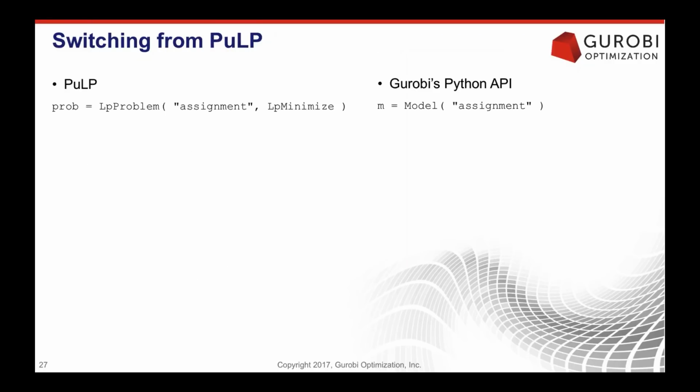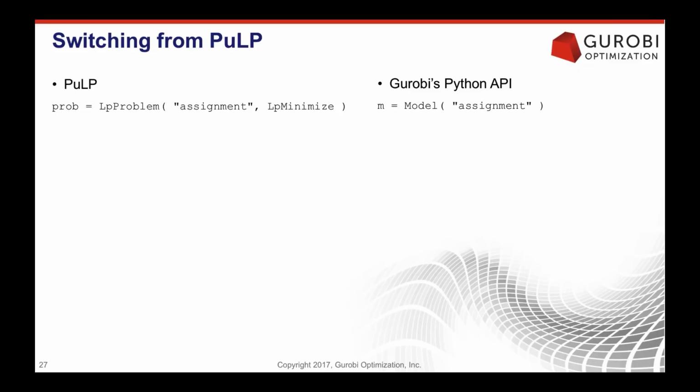On this slide, I would like to show how it would look if you are switching from PuLP to Gurobi. So if you really not just consider still being in PuLP and then using a different solver, but switching from using PuLP to model your optimization problem to using Gurobi's Python API.